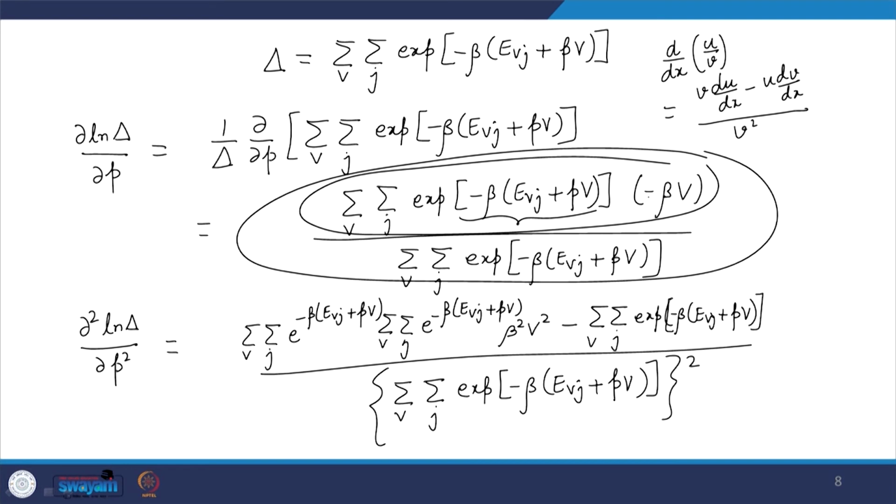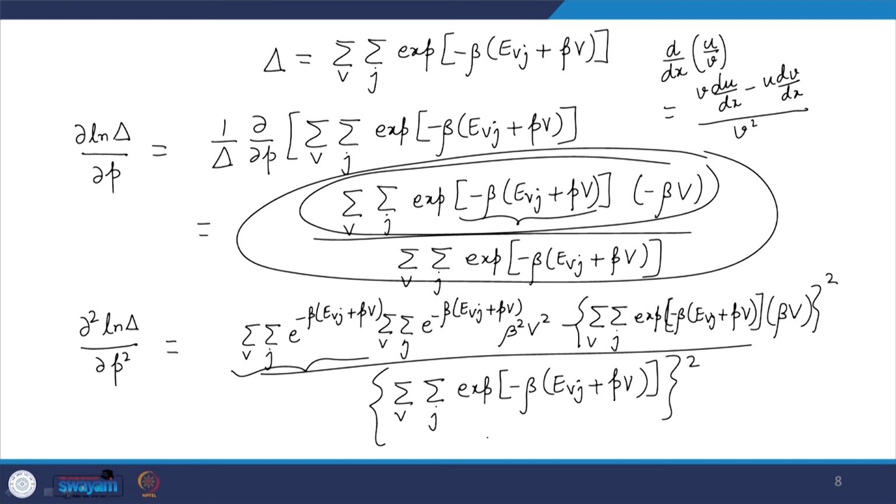but then the derivative of the denominator will be the same as the numerator. So, you will have a beta v appearing here and the whole square of this quantity. So, now if I notice the first term, you will have cancellation of the numerator here.